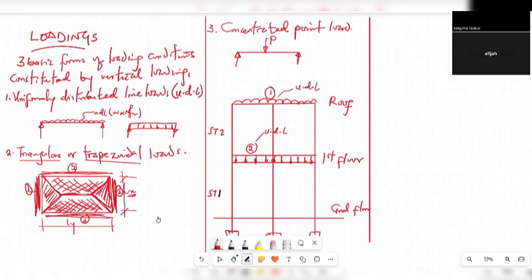Looking at this from story two, this is the roof beam. This is the first floor beam. For story two, the roof, if it's a normal roof, or a roof slab in case of a concrete roof, the load there will be transferred straight to the roof beams. Are you there with me?